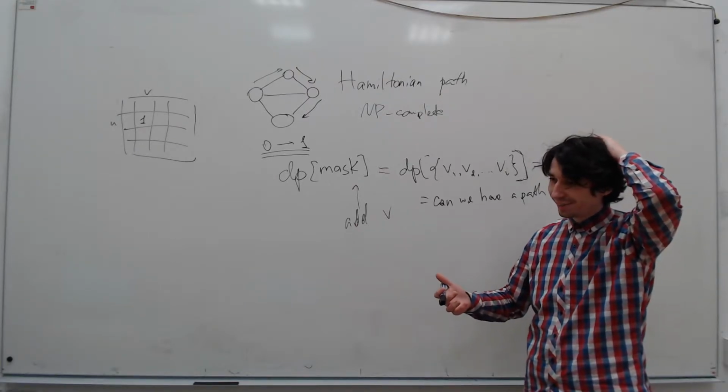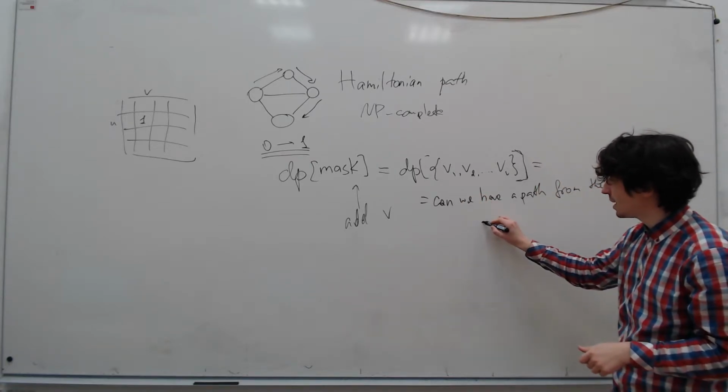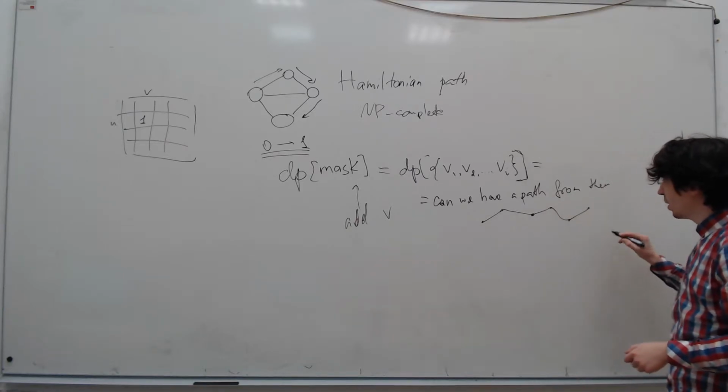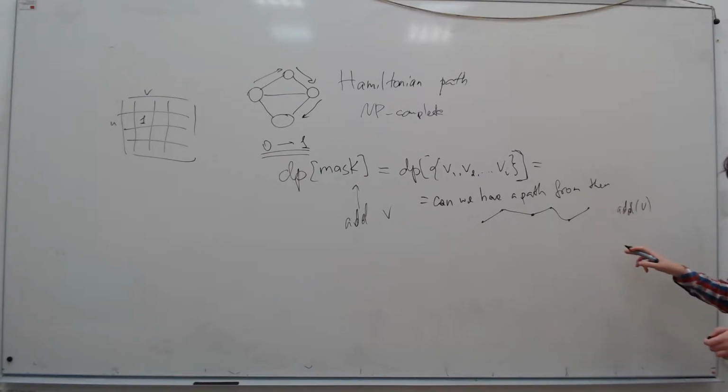And more. So here in this dp mask you may contain some path there, and you want to add vertex v here. So it should have a path to this vertex, to which we added.